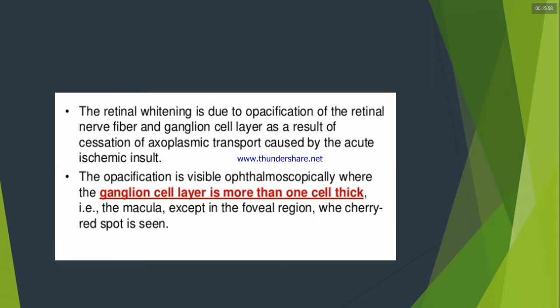These layers are hampered, resulting in this appearance. The opacification is visible ophthalmoscopically where the ganglion cell layer is more than one cell thick, that is in the macula, except in the foveal region where the cherry red spot is seen. So at the center of the fovea you will see the cherry red spot, and around it you will see the opacification in the posterior pole.